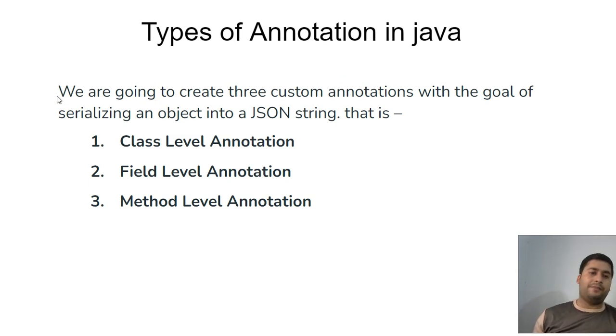We are going to create 3 custom annotations with the goal of serializing an object into a JSON string: a class level annotation, a field level annotation, and a method level annotation. Generally people use annotations in these 3 places: above the class, above a field or variable, and above a method.